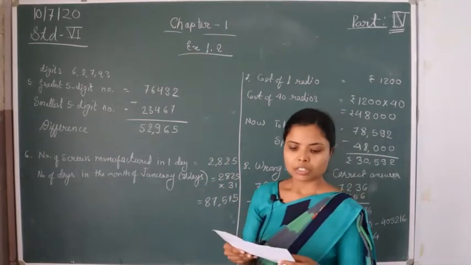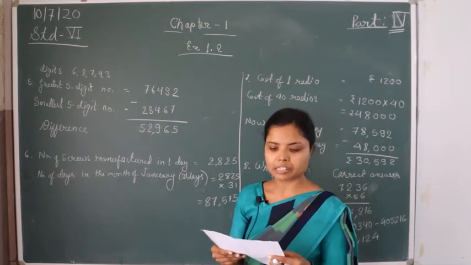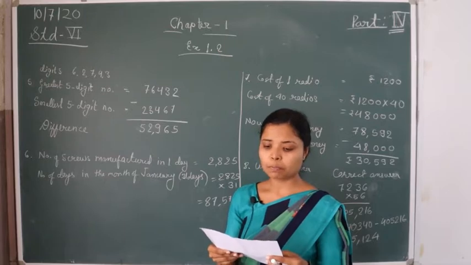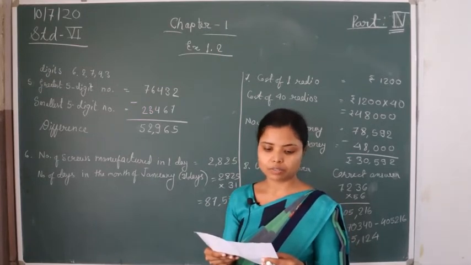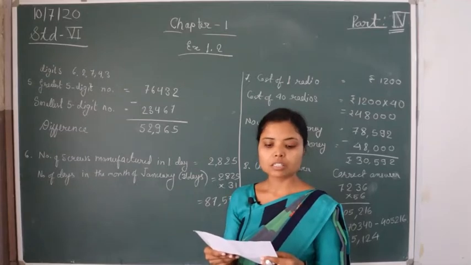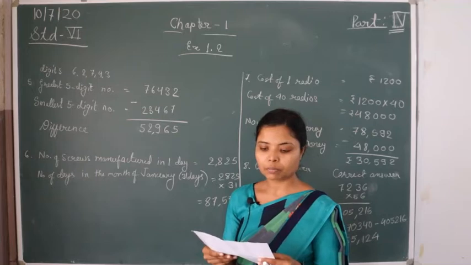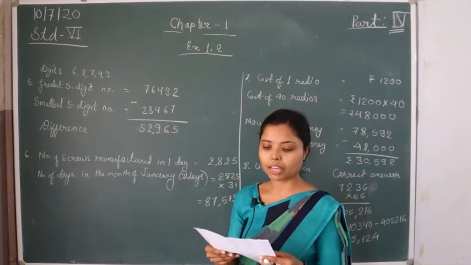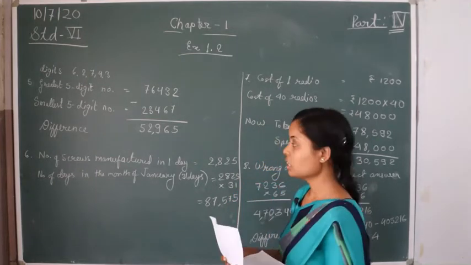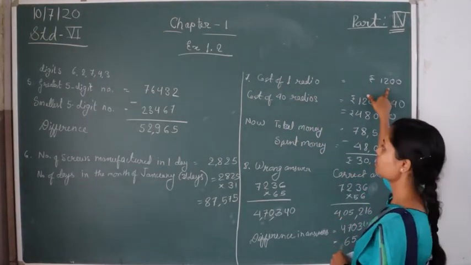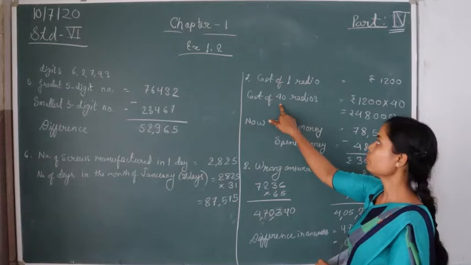Next question. A merchant had 78,592 rupees with her. She placed an order for purchasing 40 radio sets at rupees 1,200 each. How much money will remain with her after the purchase? First of all we find the cost of one radio, and then the cost of 40 radios.